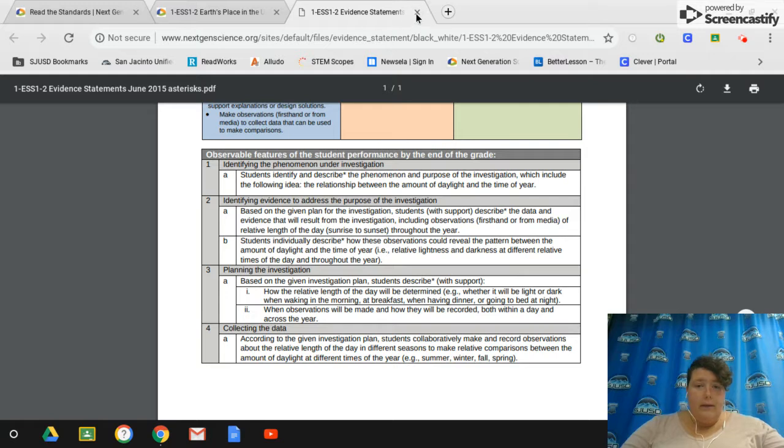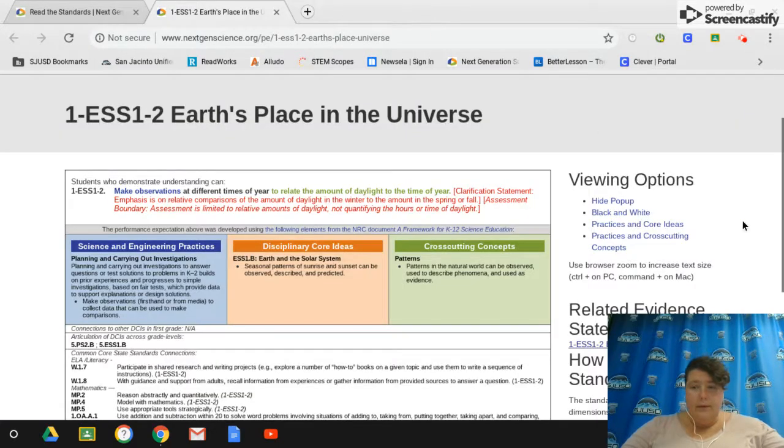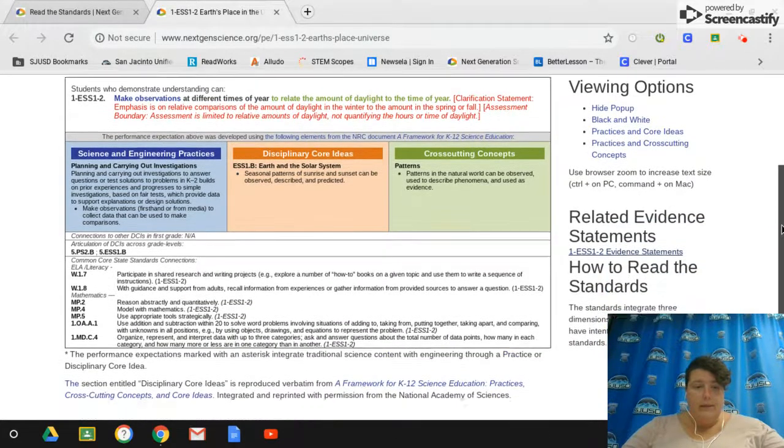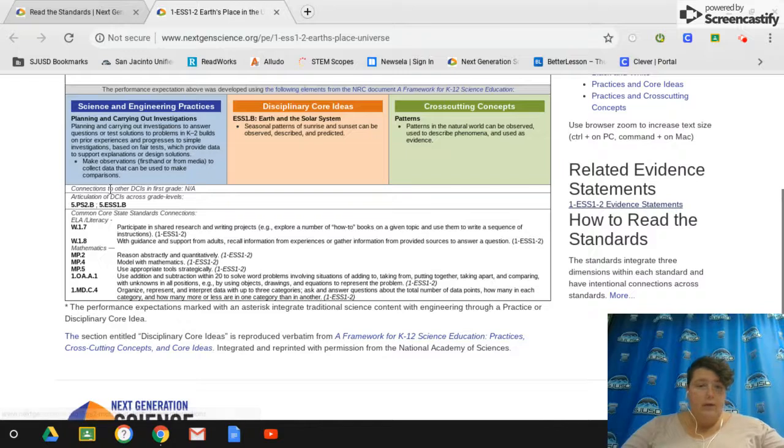Now, if I close this and go back to our original page, you'll see that there are a few other things on here with your standard. There are connections to other DCIs in first grade, in which case this doesn't have one, it's by itself. To other DCIs across the grade levels, we can see here in fifth grade, they come across the similar DCI, or disciplinary core ideas.